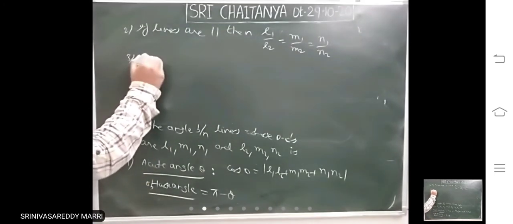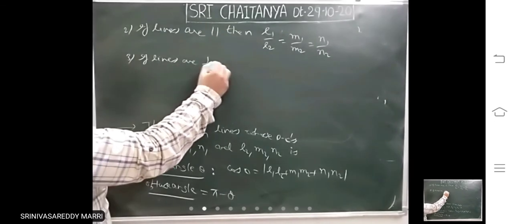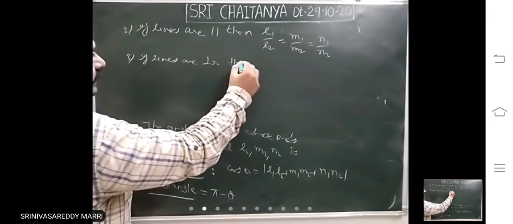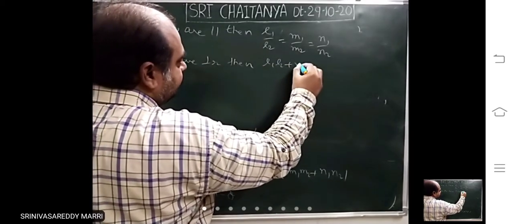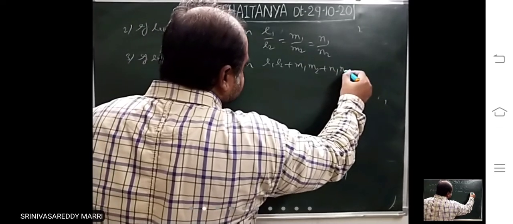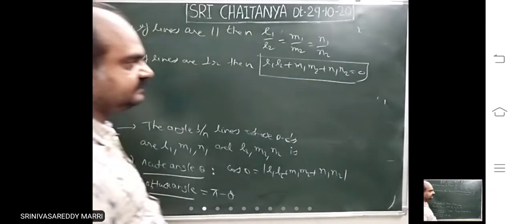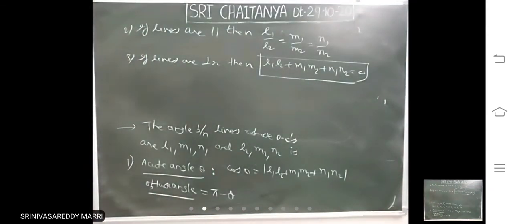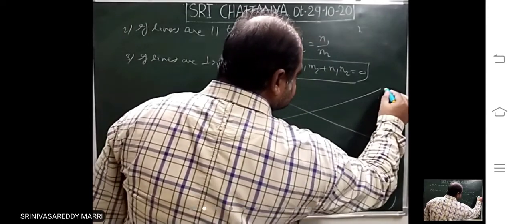Next, if lines are perpendicular, then L1 L2 plus M1 M2 plus N1 N2 equals 0, the same condition. Proceed in the same way for this.